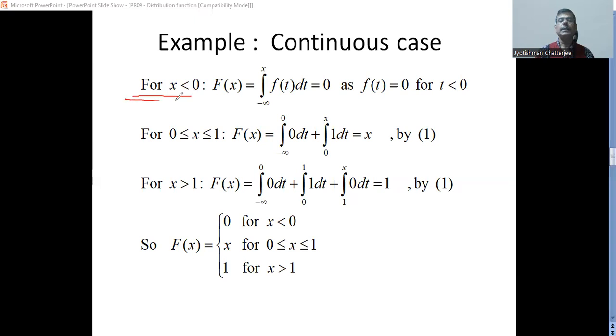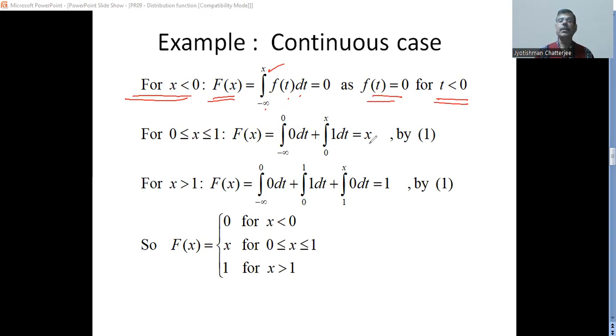What happens for this range? If x is less than 0, in that case, F of x is given by this integration from minus infinity to small x. And for any value of t less than 0, we have f of t equal to 0.